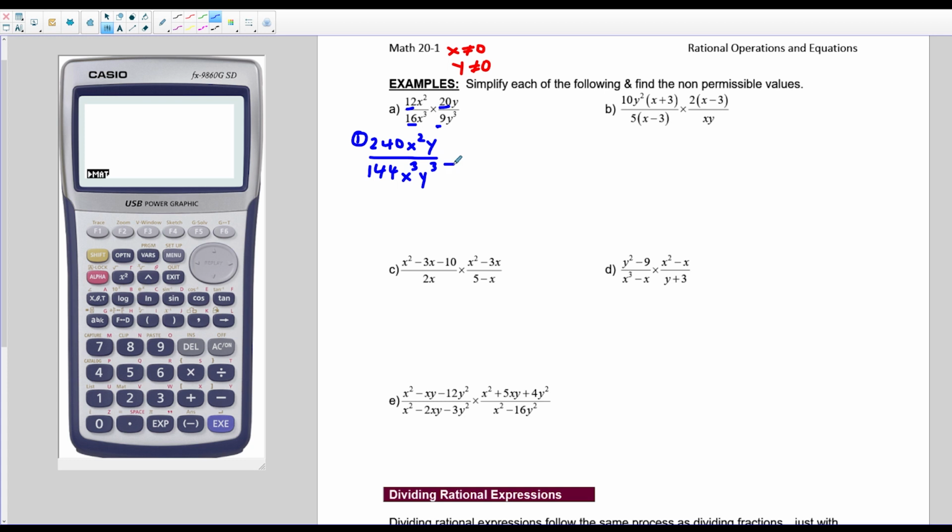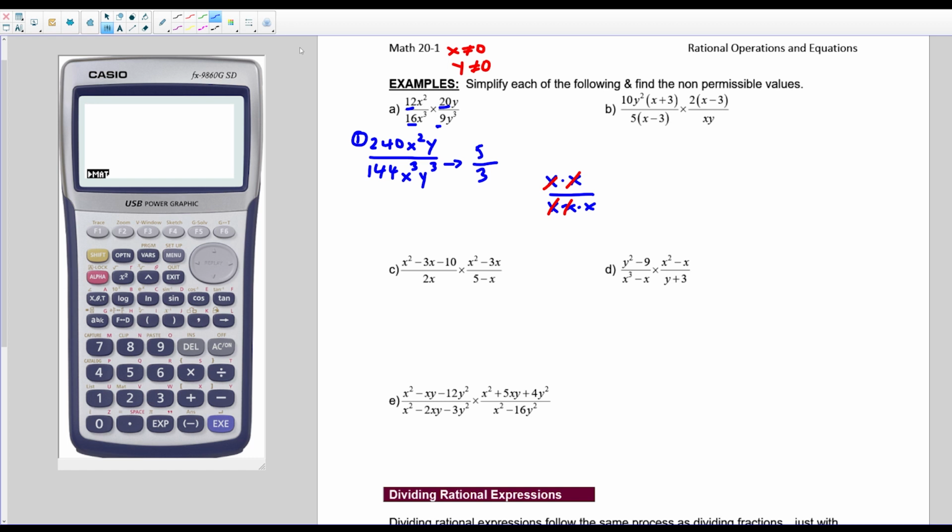So to simplify our coefficients here, you probably wouldn't guess, but we can divide the top and the bottom by 48. So that leaves me with a 5 on the top and a 3 on the bottom. And now I have an x squared over x cubed. So visually what that looks like, if I have x squared on the top and x cubed on the bottom, I'm really just getting rid of two x's on the top and 2 from the bottom.